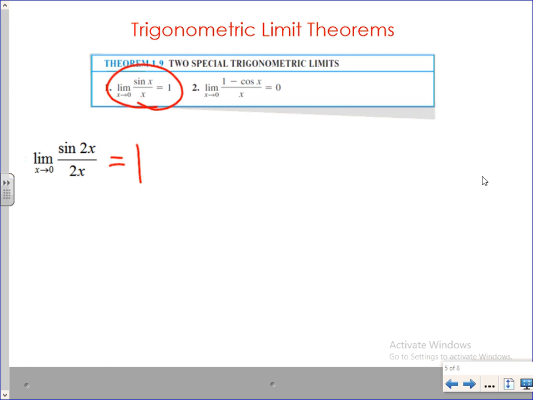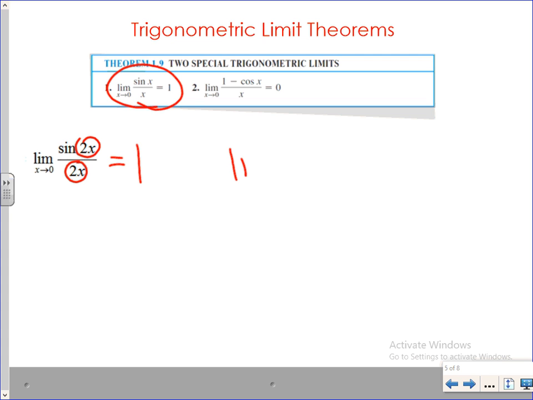What I need you to understand is as long as the angle matches the denominator, then this rule can be applied. So it can be a star, it can be 15x, it can be y. It doesn't matter. As long as the angle matches the denominator, you're going to be okay.